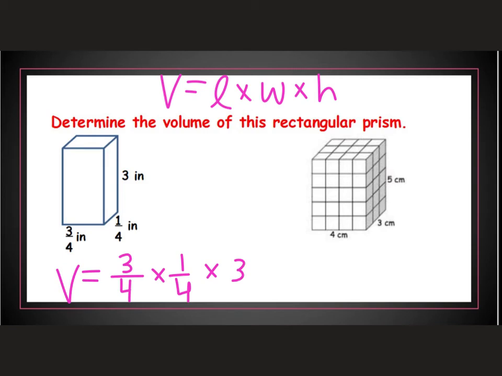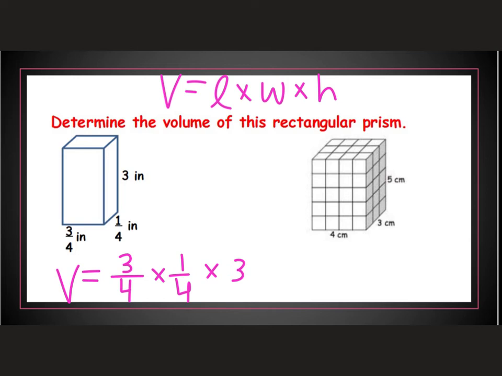A couple ways you can do this. One, you do have a calculator, so you could convert those fractions into decimals if you would like. So you would plug in 0.75 times 0.25 times 3, or we know how to work with fractions. You can just multiply them and keep it in fraction form.